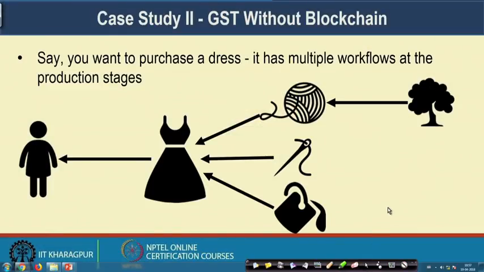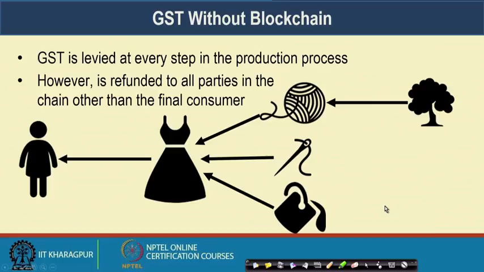So, the GST is levied at every step in the production process. However, it is refunded to all parties in the chain other than the final consumer. The final consumer pays the entire GST, whereas the intermediate production houses and companies in the chain get refunded the amount of GST that they paid whenever they purchased the raw materials.